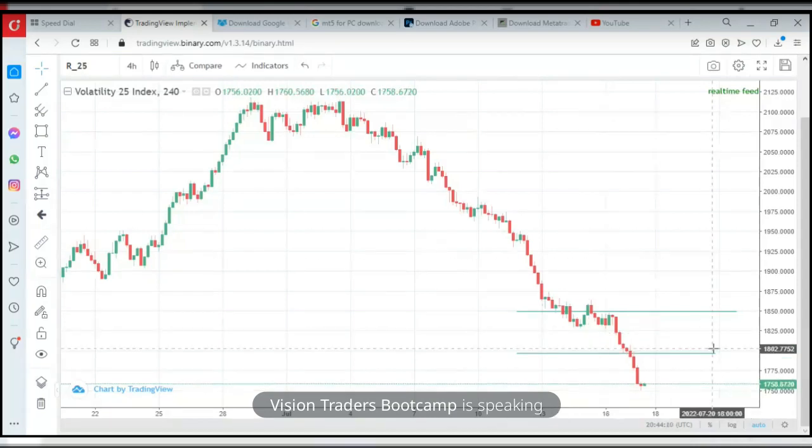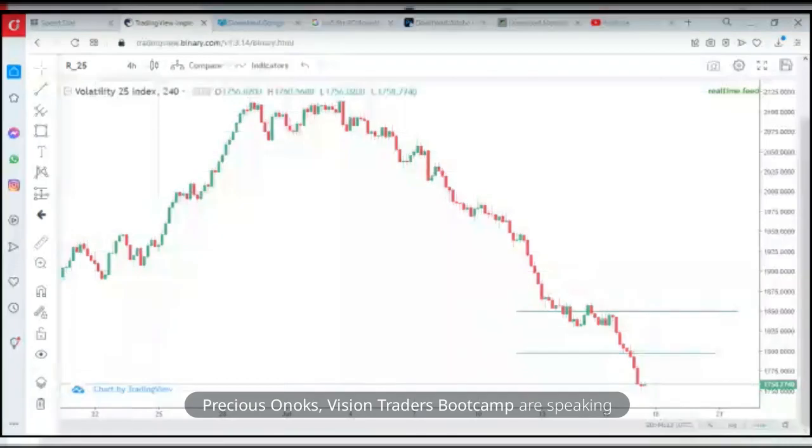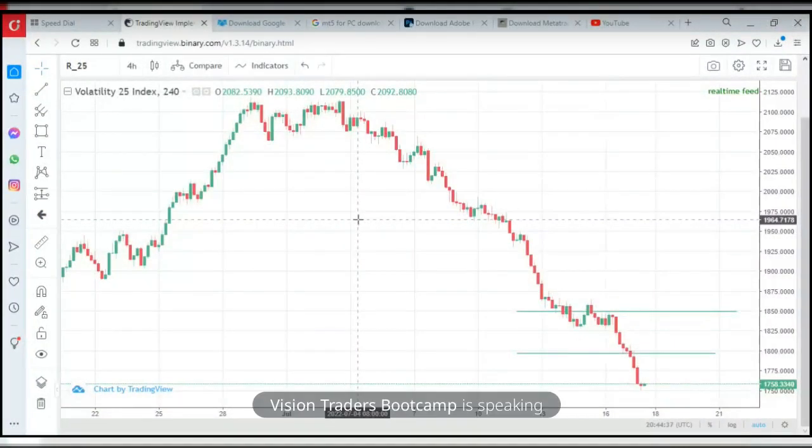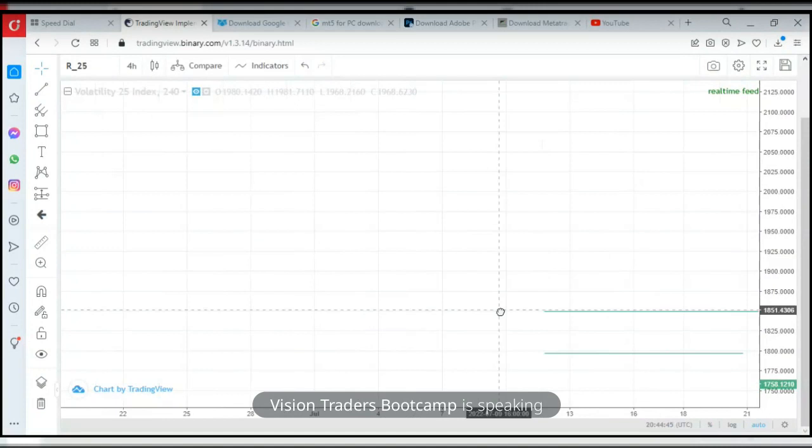All right. So that's your period separators. Now, how do we add this? How do we have all these guys as an additional confluence to form our basic synthetic indices strategy? Now, let me hide this bad boy again.